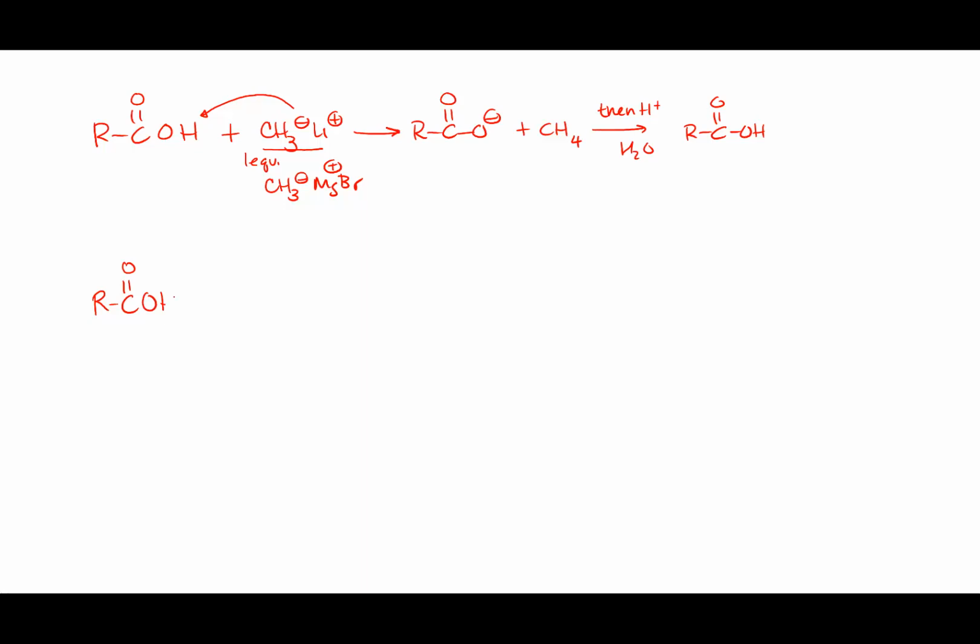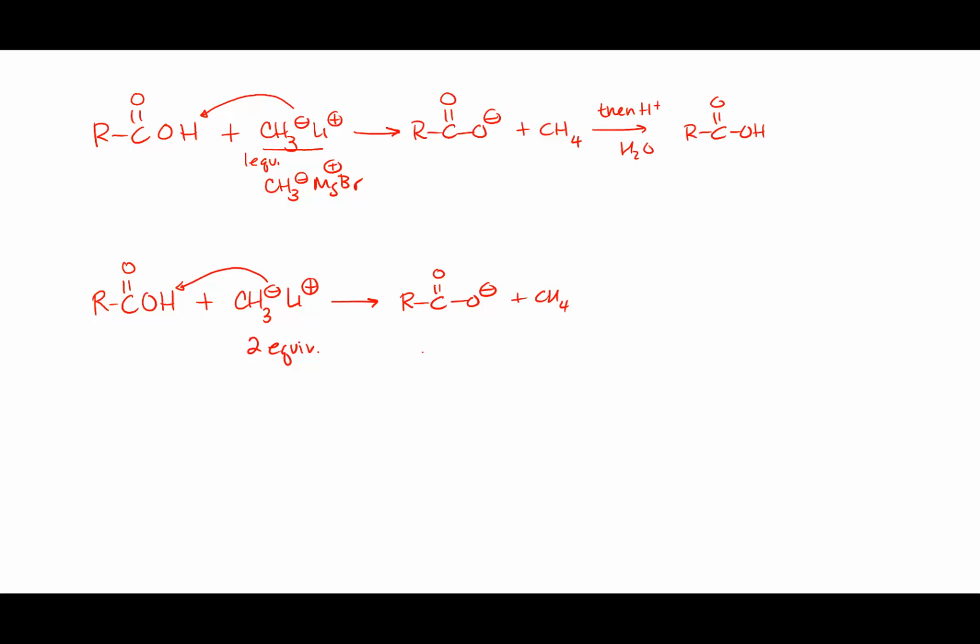But now what I want to do is take my Grignard, or my organolithium compound. It's just easier to do it with an organolithium. But now I want to add two equivalents of that. And so the first equivalent is just going to simply deprotonate. So I'm going to end up with my carboxylate and my methane.